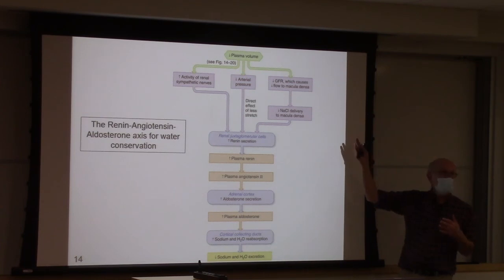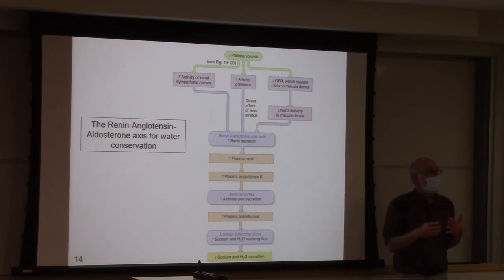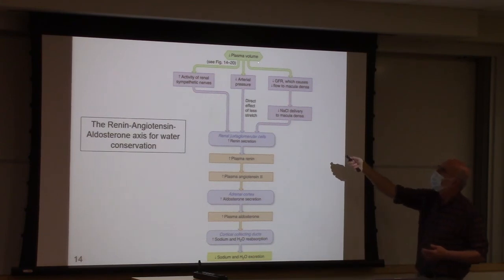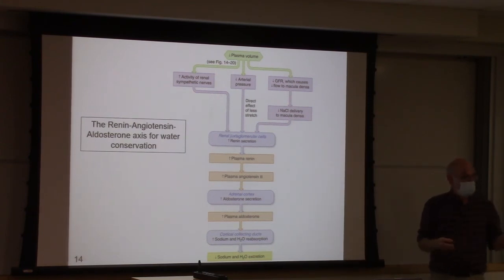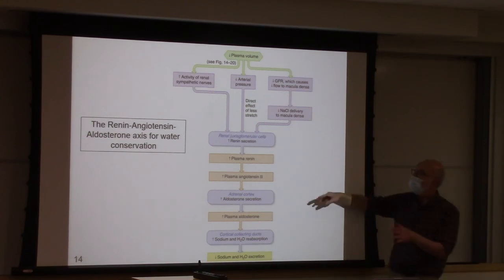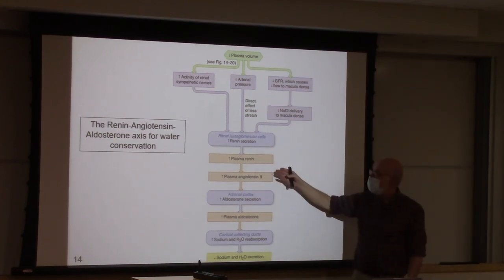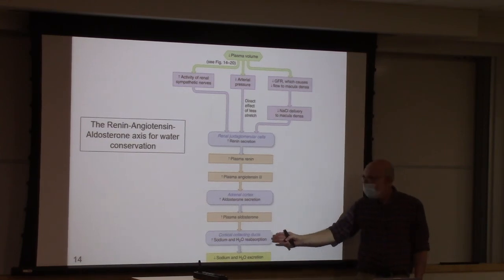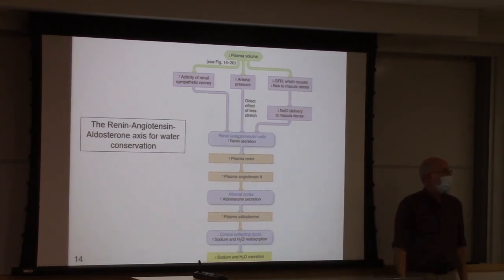So everything that's going on here can be flipped upside down. If we have high volume, high pressure, decreased renin, decreased aldosterone, decreased pumping, more excretion of water.